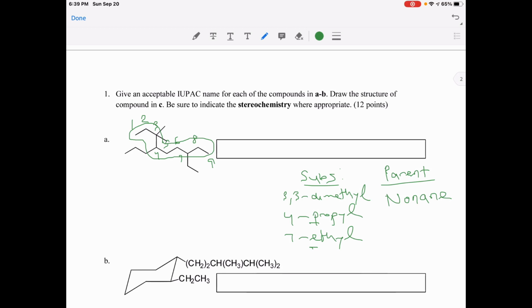But whenever we are considering alphabetical order, we always ignore the prefix that denotes the number or how much we have of a certain substituent. So we are actually going to focus on M, for the methyl. We will look at the alphabetical order of these letters for these substituents. We find that these substituents should be listed in the following order.